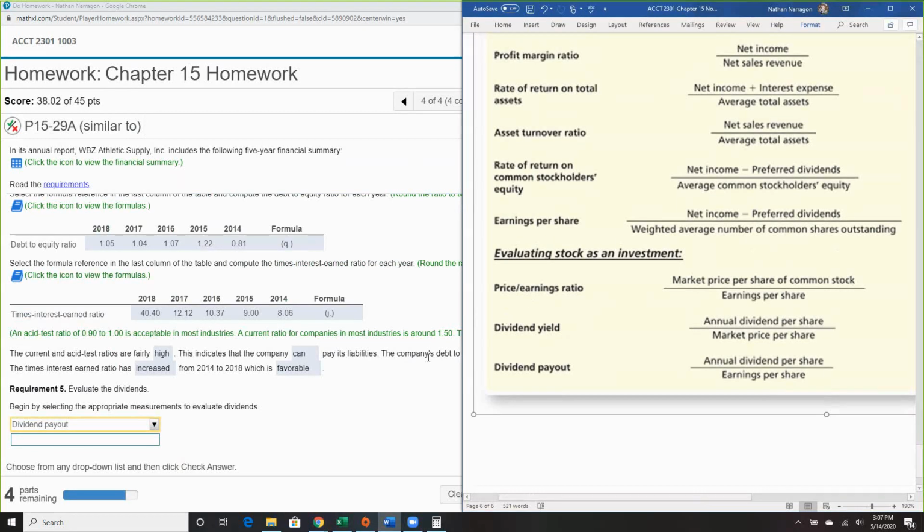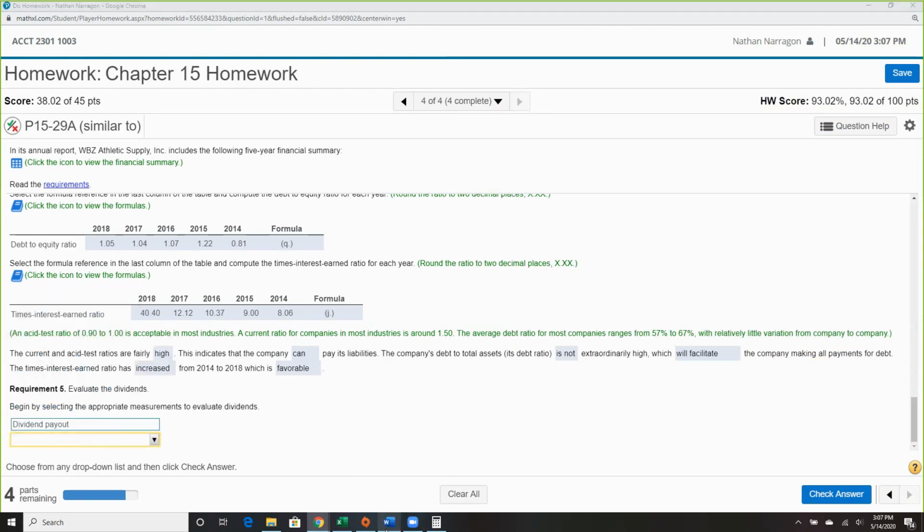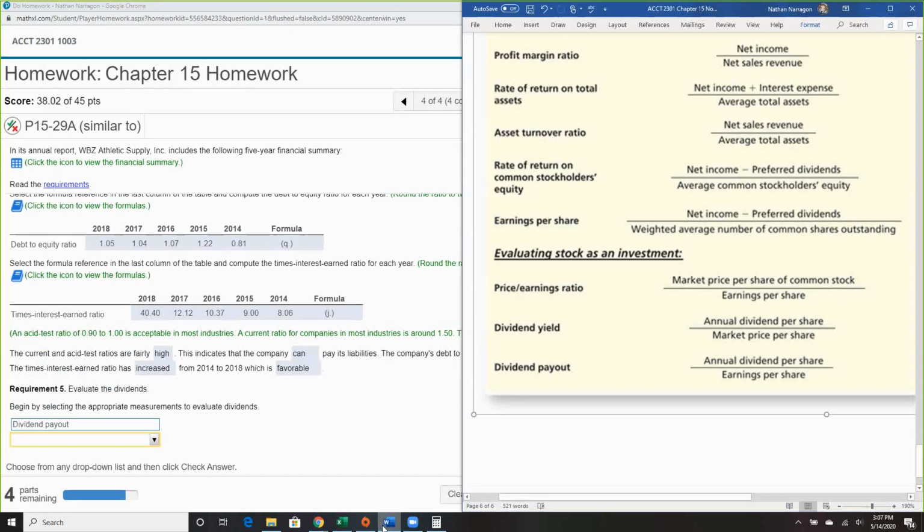I don't think it's price earnings. We have dividends payout, dividends yield, and price earnings ratio.